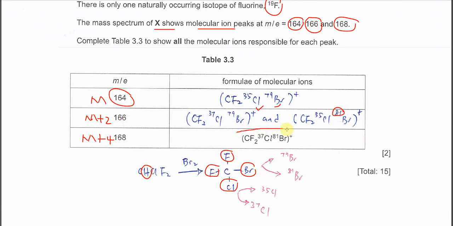Of course, the M plus 4 example is already given here, so you need not worry. It's both heavier isotopes, 37 and 81, which give 168. What you need to solve is just M plus 2. Okay, that's all for this question. Thank you.